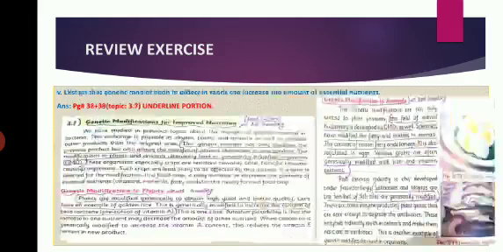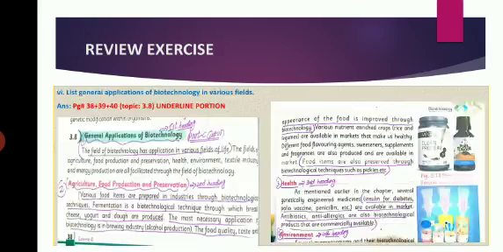You have to learn only the underlined parts. Next, question number 6 is, list general applications of biotechnology in various fields. Again, the answer is on page number 38, 39 and 40, and the topic is 3.8, and again you have to learn only the underlined portion. You are supposed to mark all these lines in your books, and after that you will learn only the underlined part.